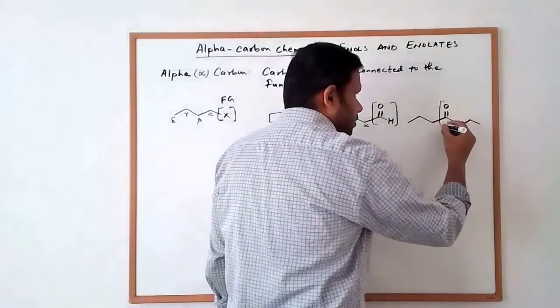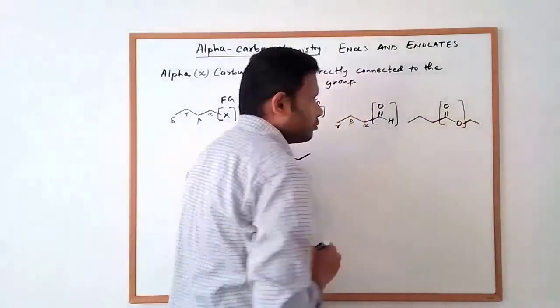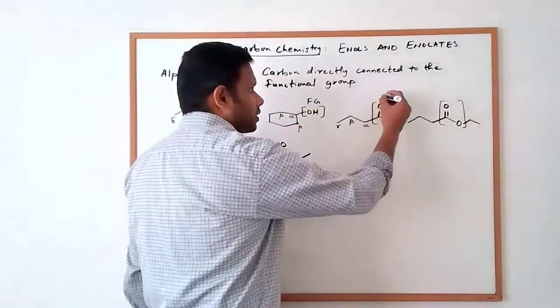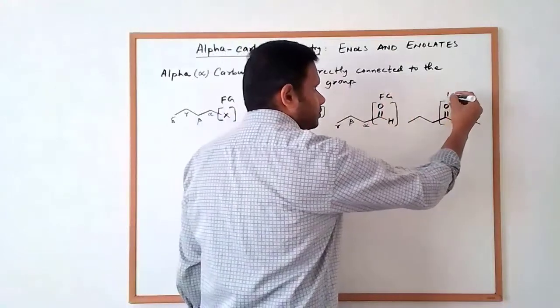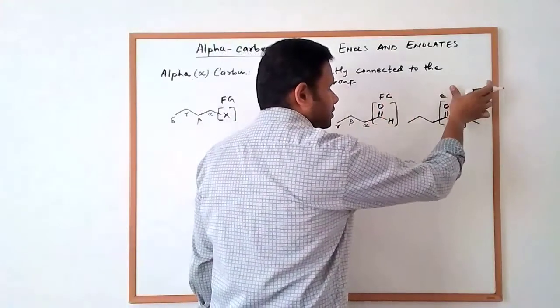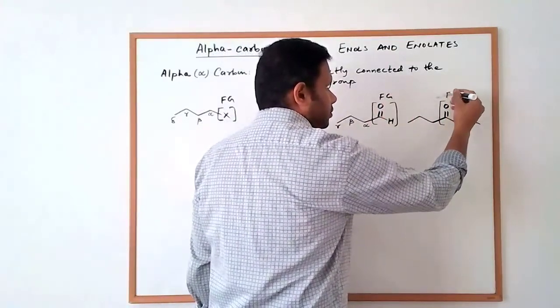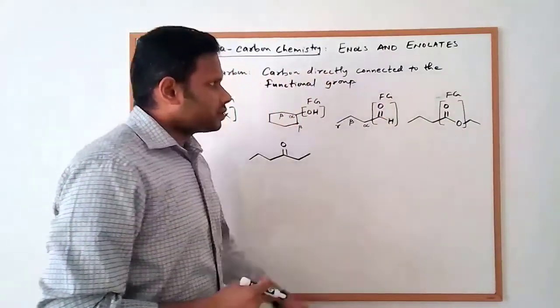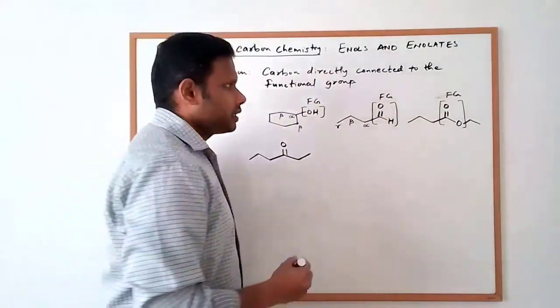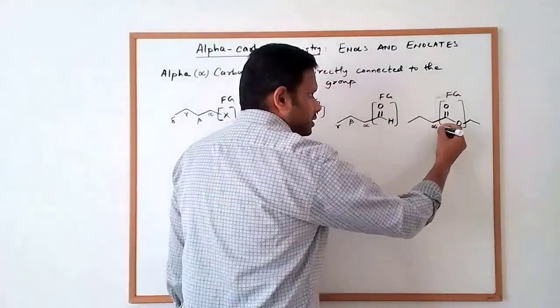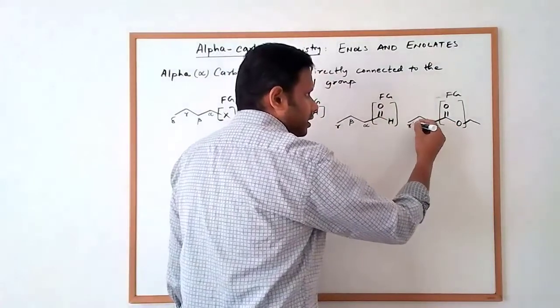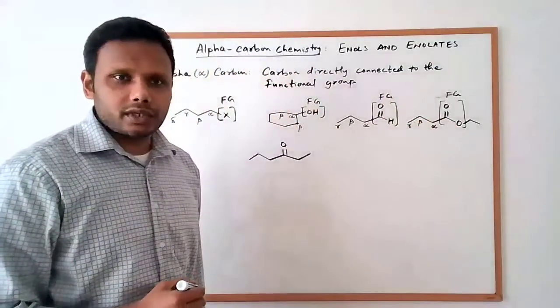So our functional group is this part of the molecule. Okay, these are all functional groups in these molecules. And because it is a carboxylic acid derivative, we're going to say this is the alpha carbon, this is beta, and then we have gamma over there.